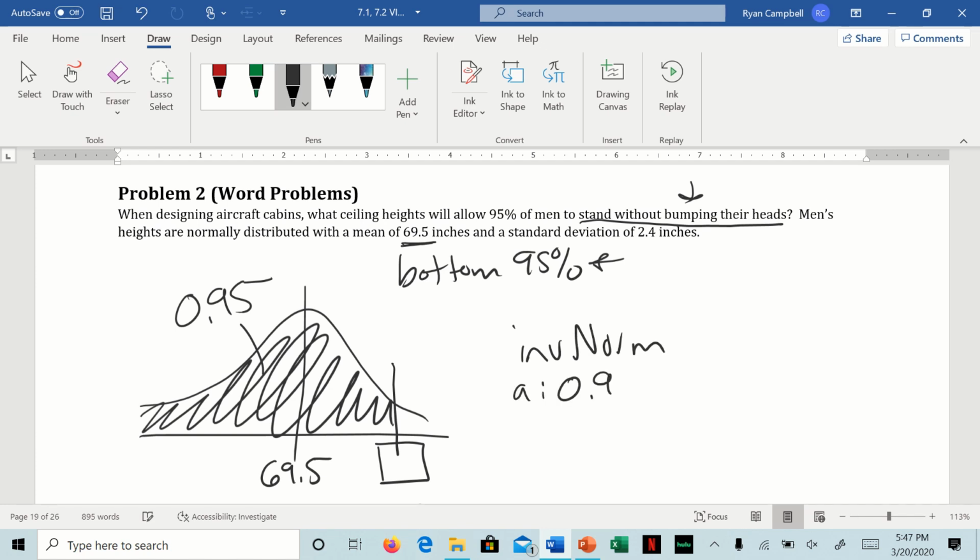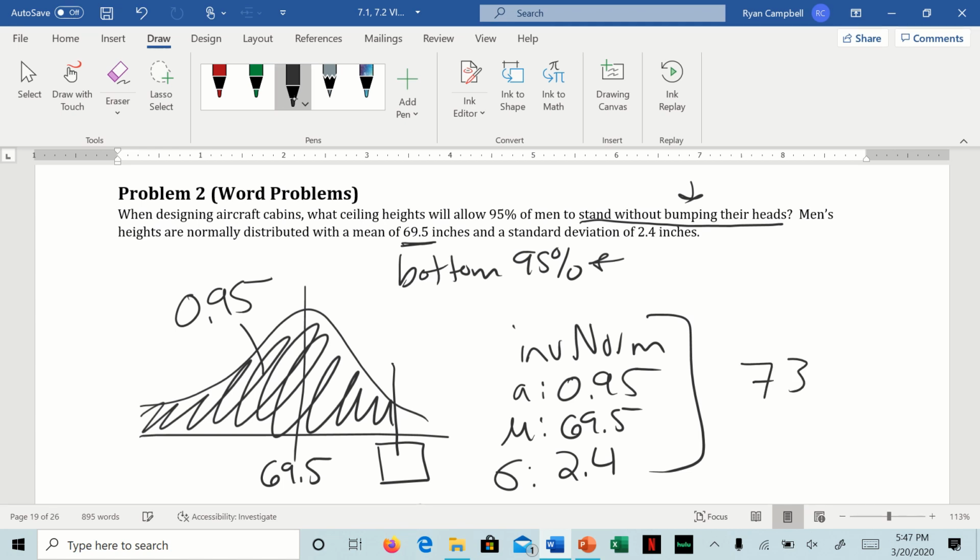Area is 0.95, because that's the bottom percentage. Mean is 69.5. Sigma is the standard deviation, which is 2.4. When we type all of that into the calculator, we end up with 73.45 inches. So just rounded one extra decimal place. That's it.